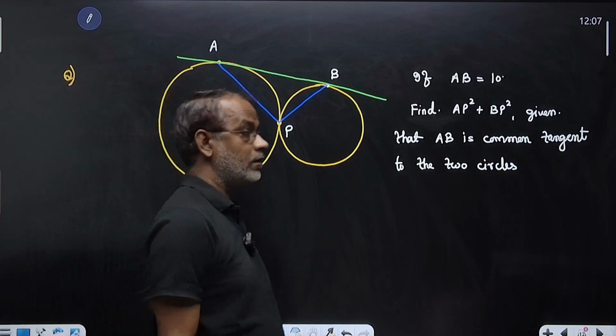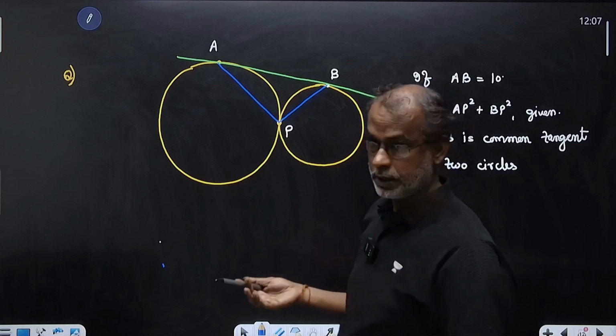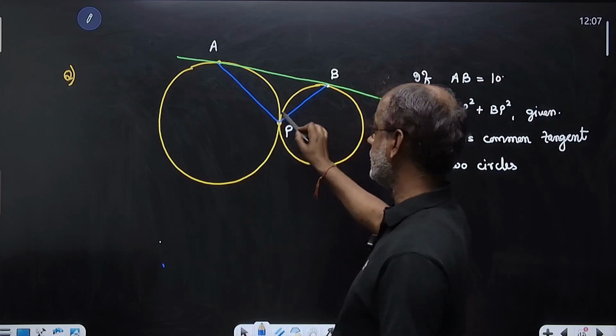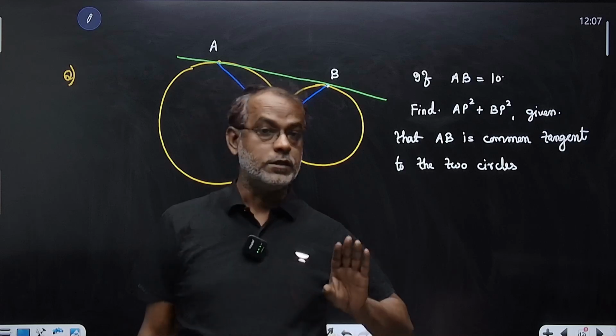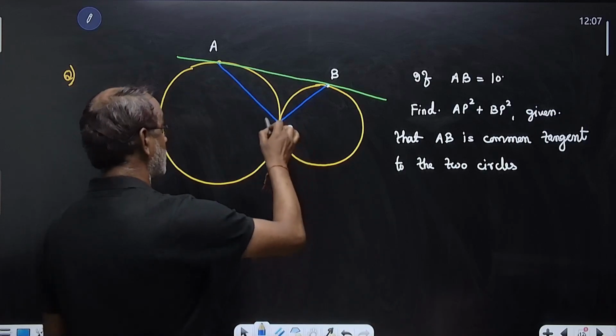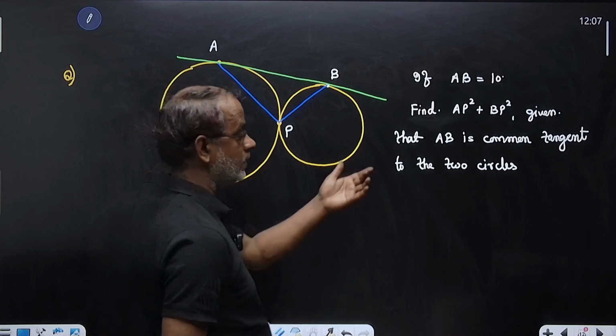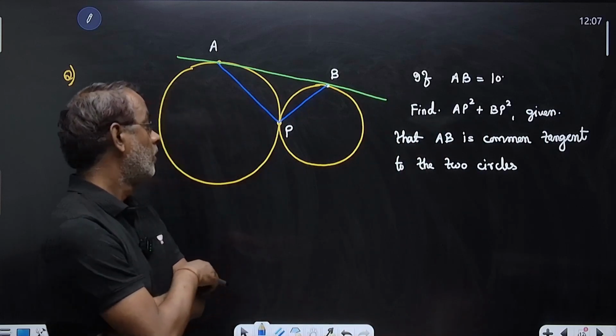Now, if it turns out, say, that this angle is 90 degree, then we are through. Again, this is not the solution to the problem. What I am saying is that if this turns out to be 90 degree, our issues are solved. Okay.